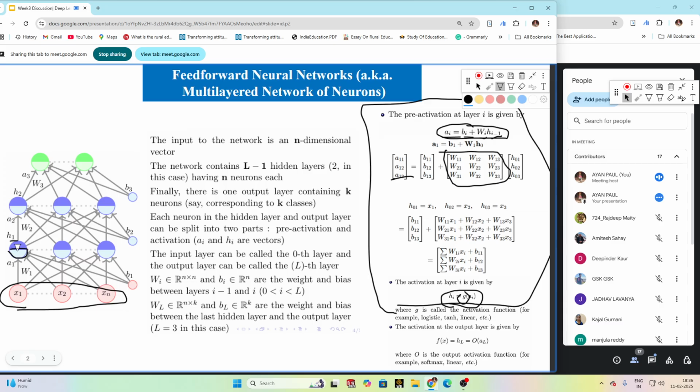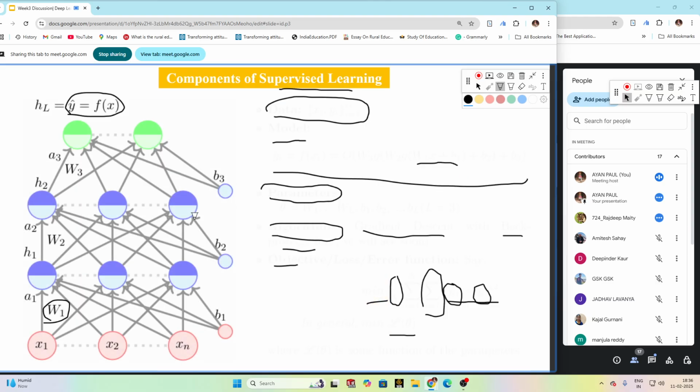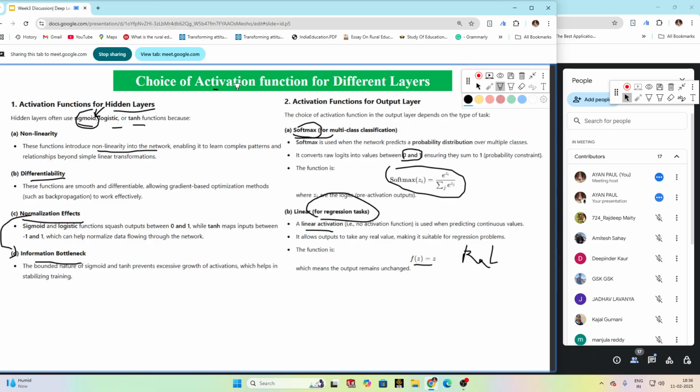That gives the pre-activation input of this neuron. After we get the pre-activation input, we put an activation function on it, and we get the output of this neuron, that is h1. The thing we are choosing is the activation function we put on the pre-activation input.